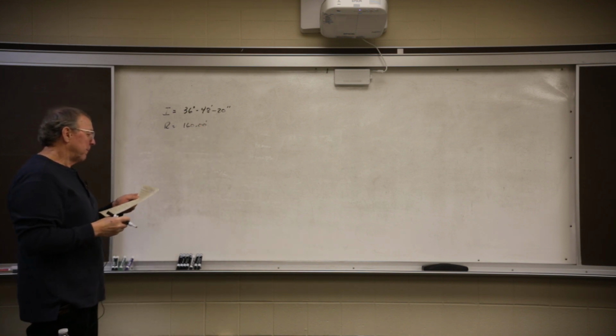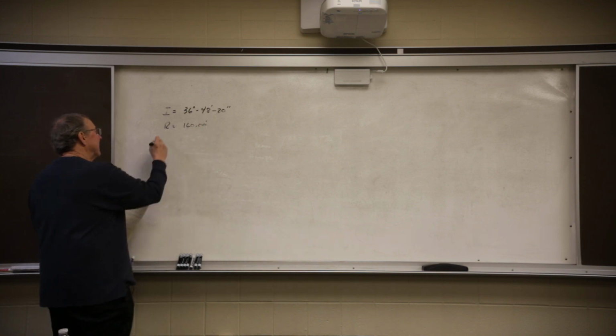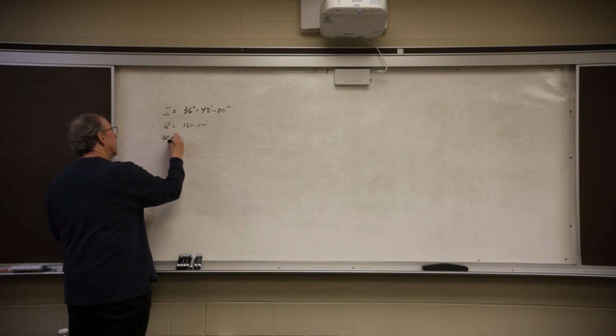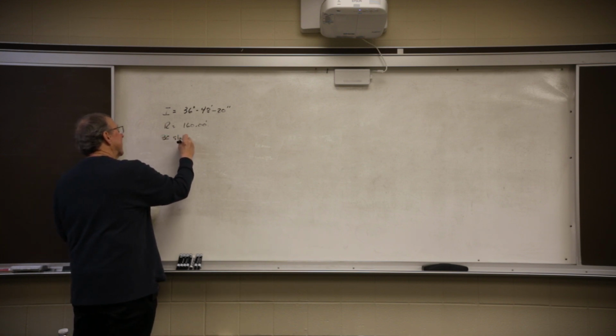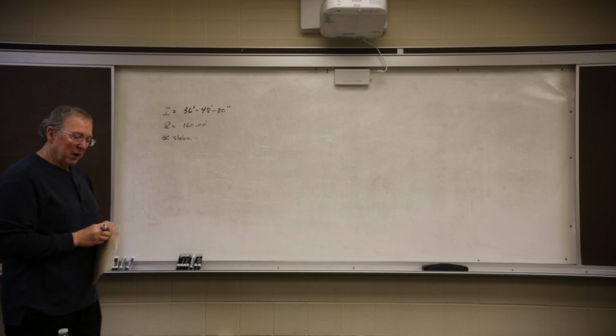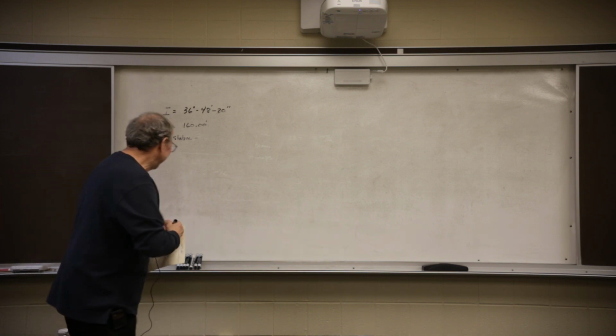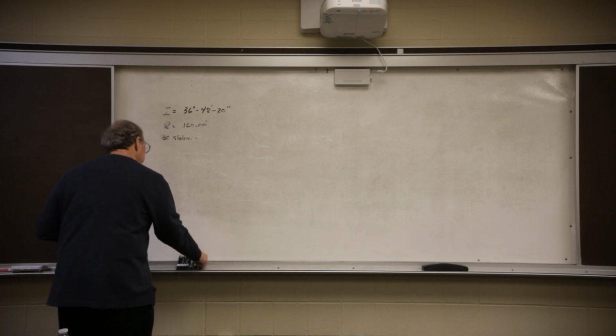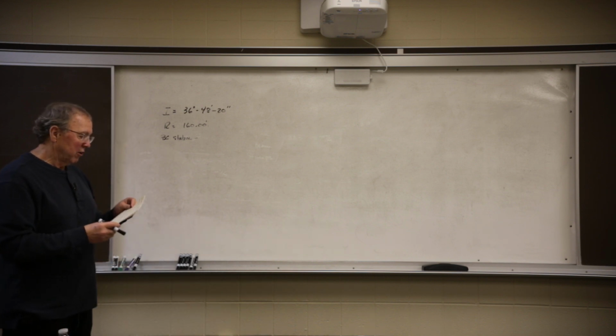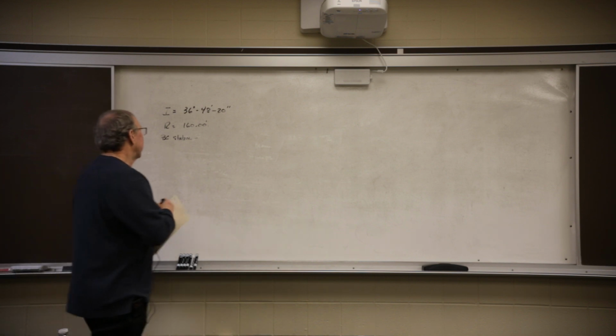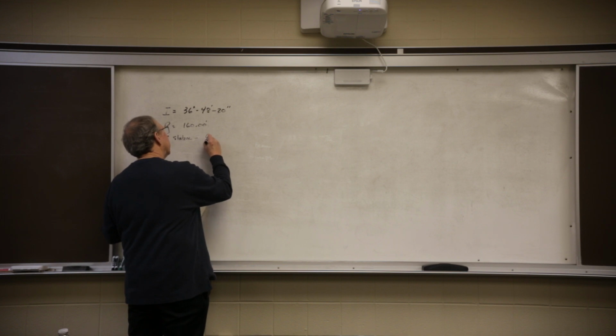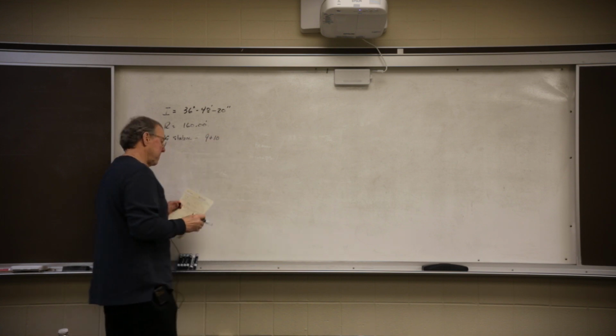It's got a beginning station, the BC station. BC, the beginning of the curve, which is also the point of curvature, or PC. They're both interchangeable, as you probably saw in the videos, is at 9 plus 10. So we're at station 910.